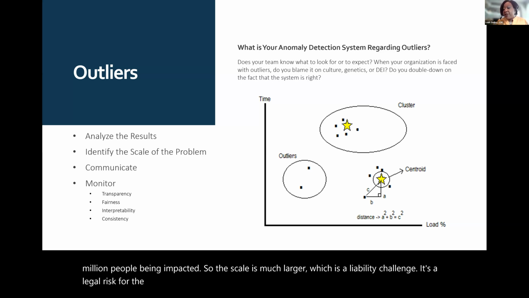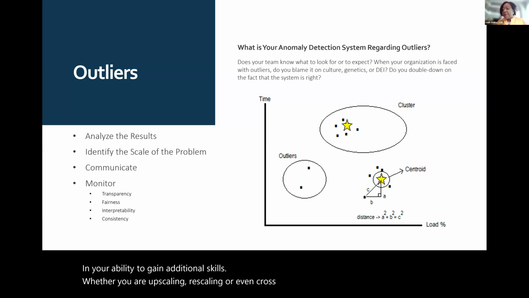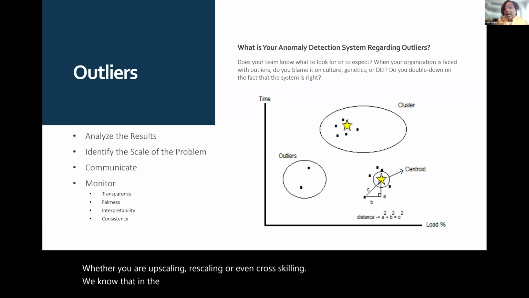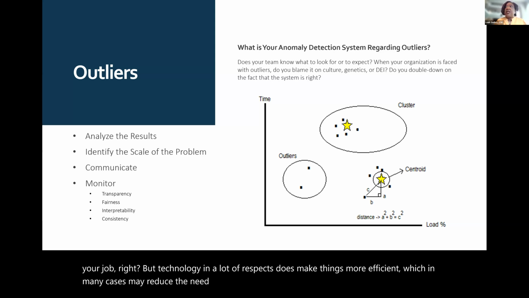But another challenge comes in your ability to gain additional skills. Whether you are upskilling, reskilling, or even cross-skilling, we know that in the past, DEI is often blamed for job losses. Oh, someone's taking your job, right? But technology, in a lot of respects, does make things more efficient, which in many cases may reduce the need for certain jobs, or even certain roles may become outdated.